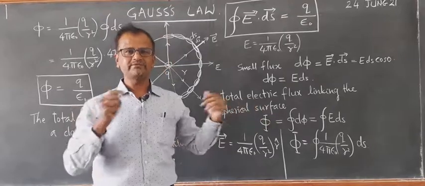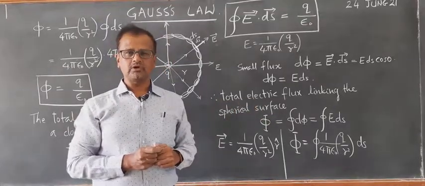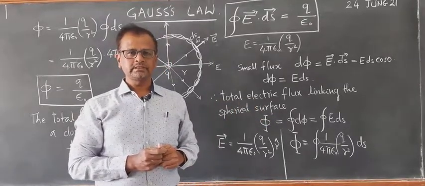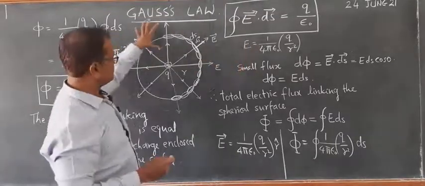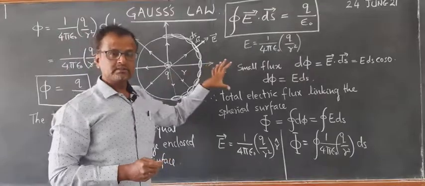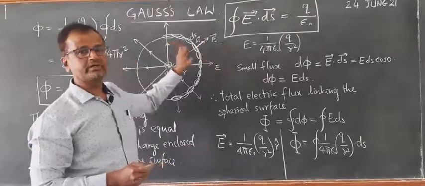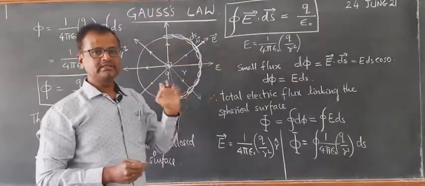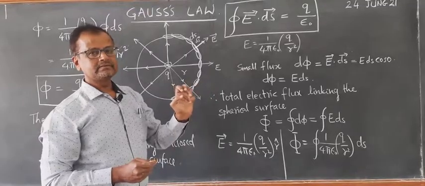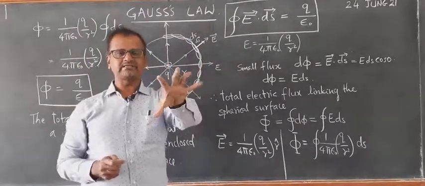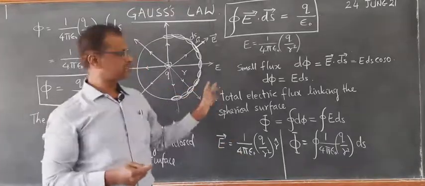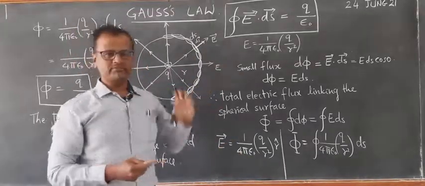That is the meaning of the Gauss law. The flux may be penetrating through the surface, but if the surface does not include any charge, then the total flux linking with that surface is 0. That is the application of Gauss law.